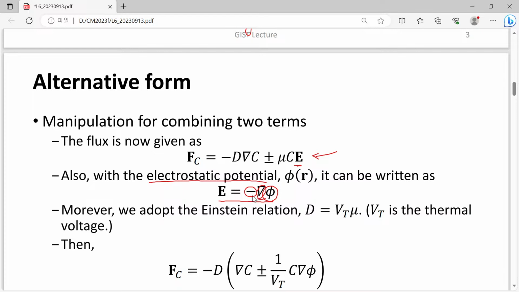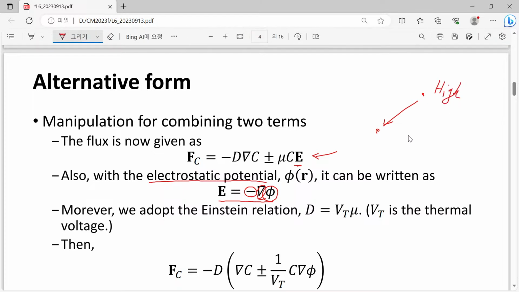Please note that the electric field has the direction from high electrostatic potential to low electrostatic potential. So when potential is high and low, there will be an electric field. Simply speaking, here you have a region with 3 volts, and here a region with 2 volts. Then what is the direction of your electric field? Obviously, it is in this direction.